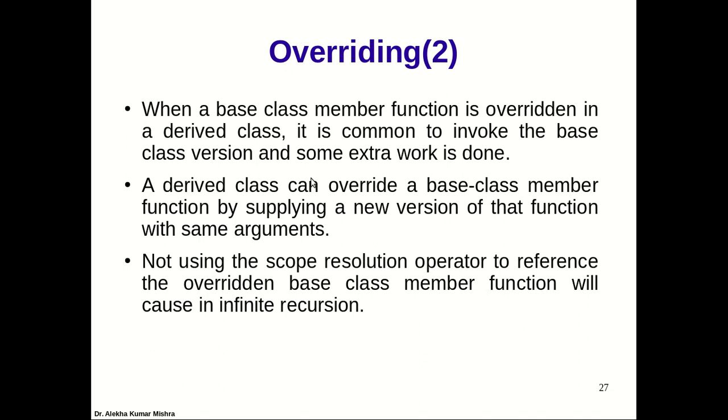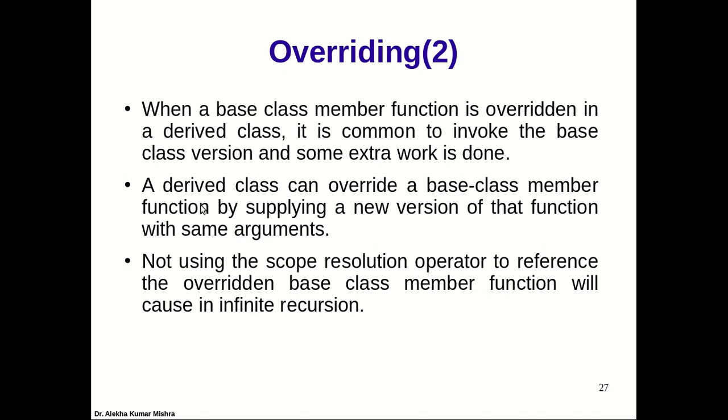It is commonly expected that we invoke the base class version of f and do some additional work inside the derived class. Literally, defining a function with the same name as in the base class makes it an upgraded version of the base class member function. That's why it commonly invokes the base class member and does some additional work.